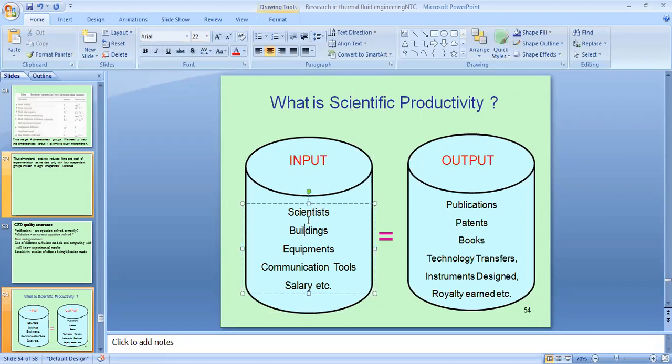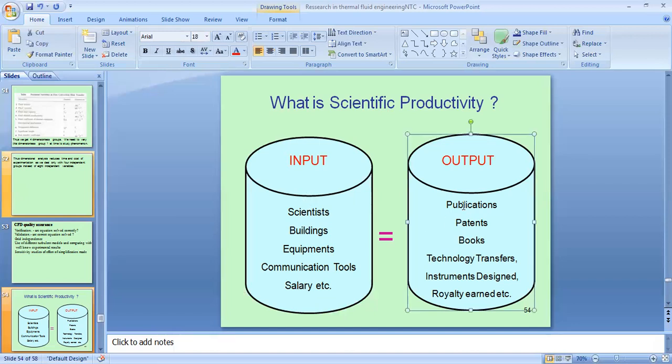Suppose we have a research center and we want to measure the output. The inputs will be scientists, infrastructure, buildings, equipment, mobile internet, and their salaries.